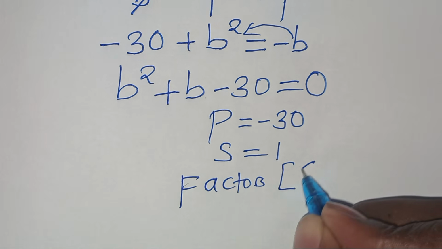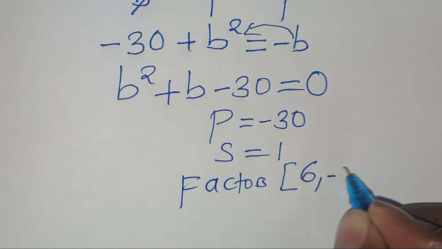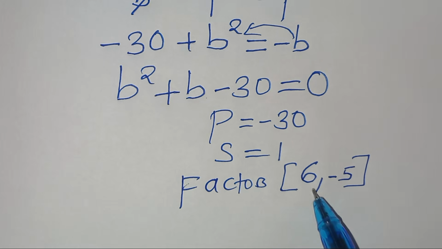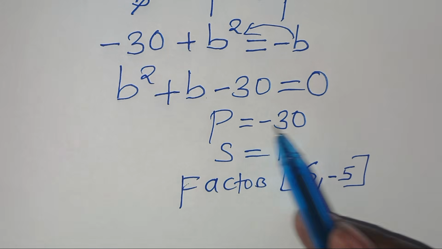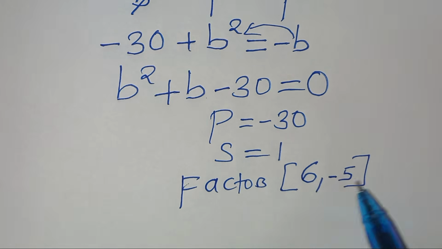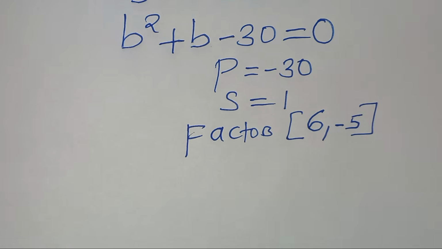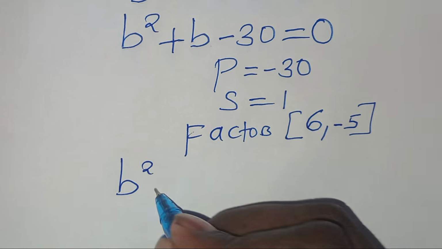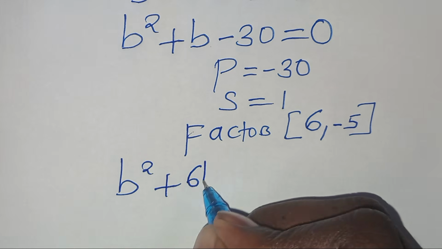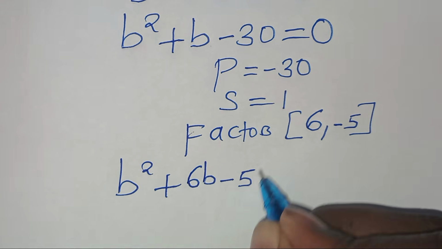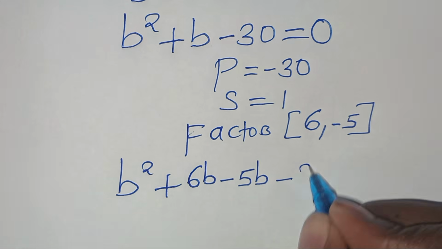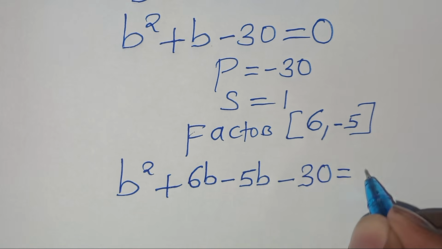These two factors are 6 and negative 5. 6 times minus 5 is negative 30, and 6 plus minus 5 is 1. So let's substitute these two factors. We have b squared plus 6b minus 5b minus 30 equal to 0.